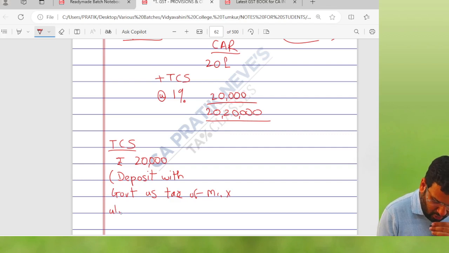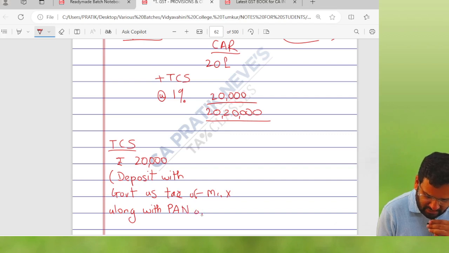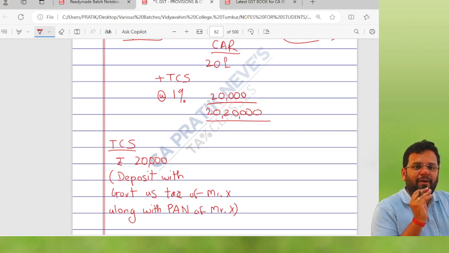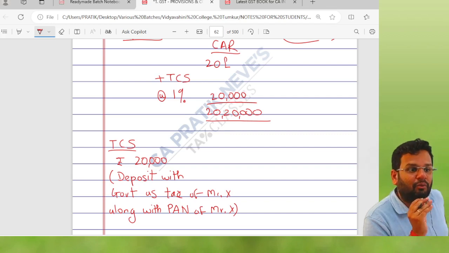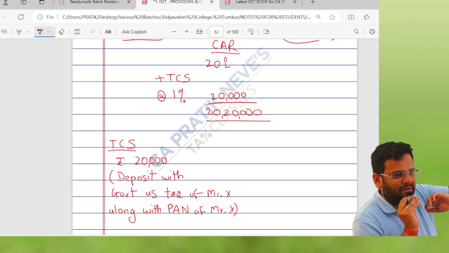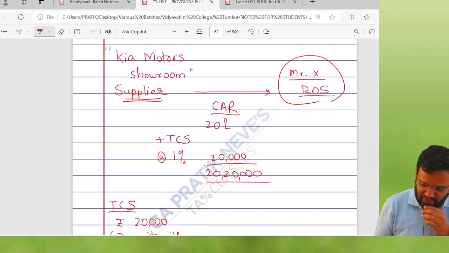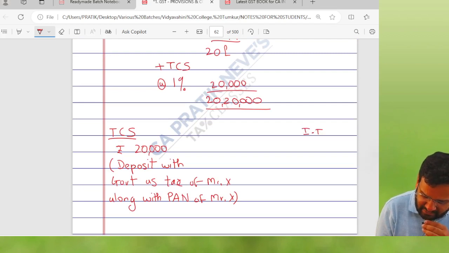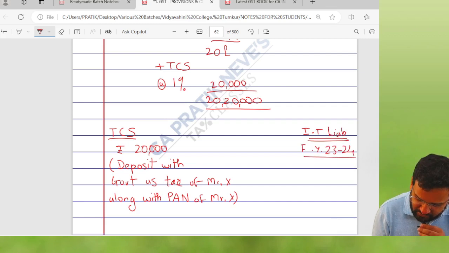Along with PAN, permanent account number of Mr. X. So what has happened? It's like advance tax paid by Mr. X to the government. But via whom? Via Kia Motors. Now what's the logic behind this? Now suppose this Mr. X, recipient of supply, has a final income tax liability for financial year 23-24 of say 3,25,000.